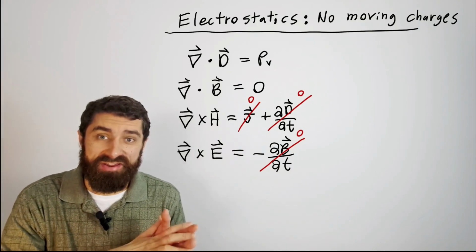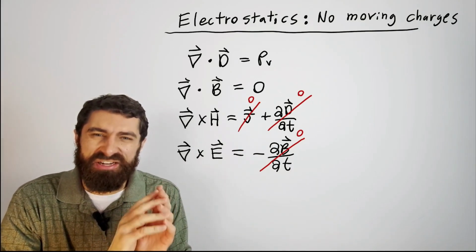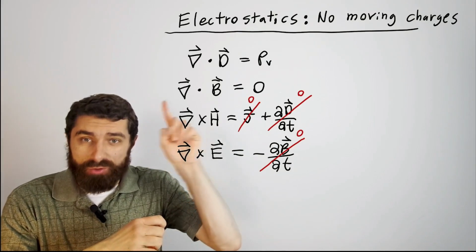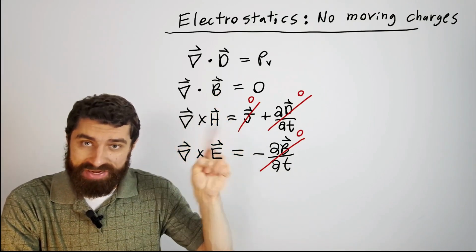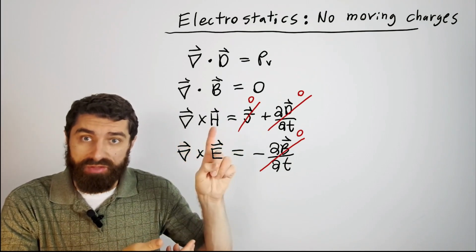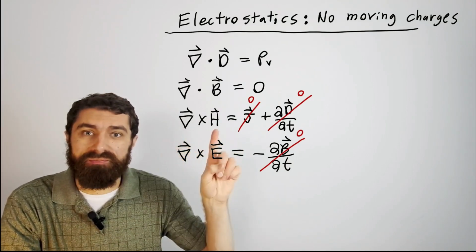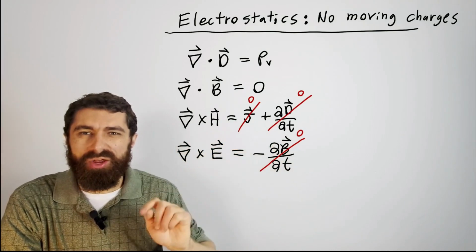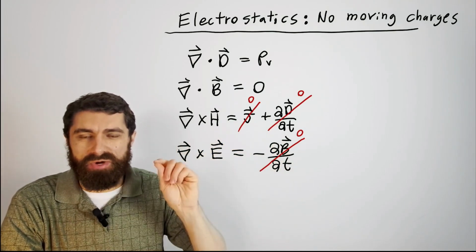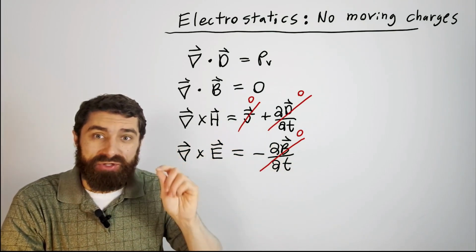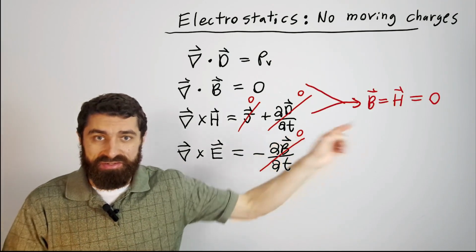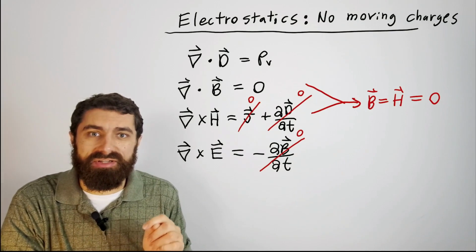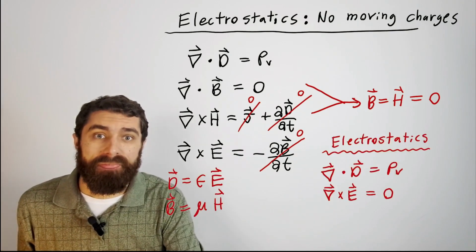So what this is saying is that when it comes to the magnetic field, the divergence of B is 0, and the curl of H, or the curl of B as well, because B and H are proportional, is equal to 0. When you have a field where the divergence and the curl are equal to 0, mathematically, that means that the actual vector field is equal to 0.